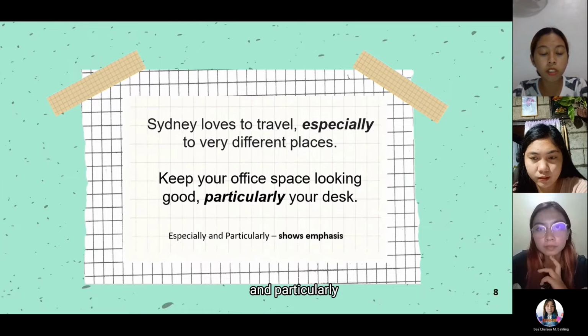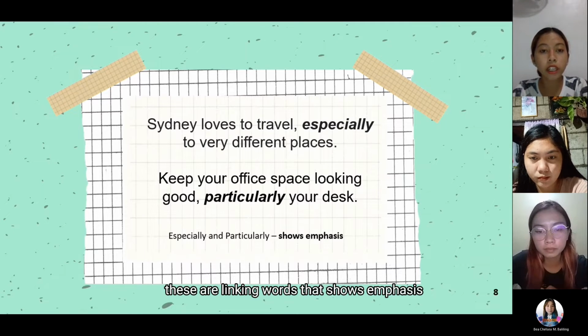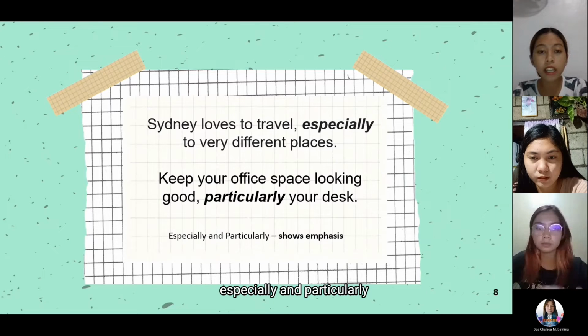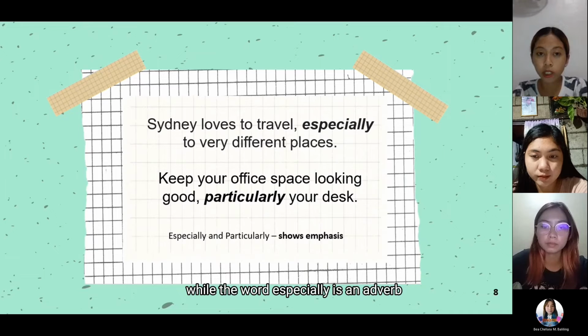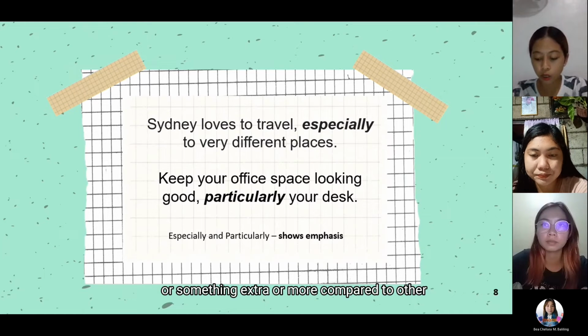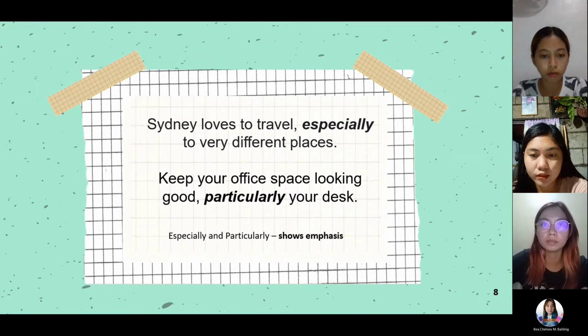These are linking words that show emphasis. Particularly means in detail or to an unusual degree, while especially is an adverb that can be used to indicate very much or something extra compared to others.